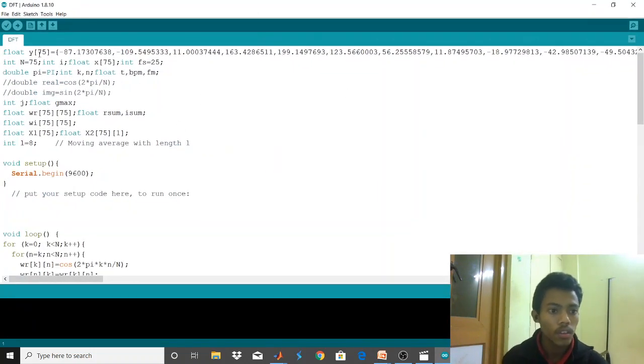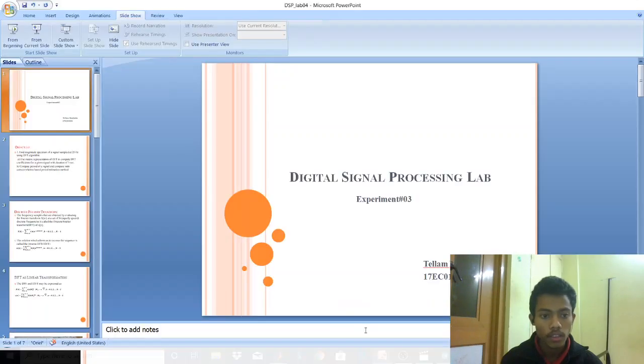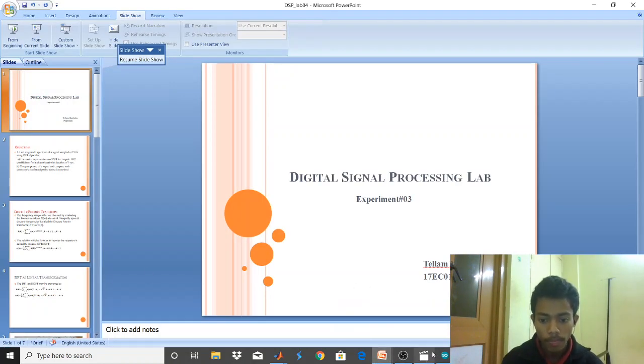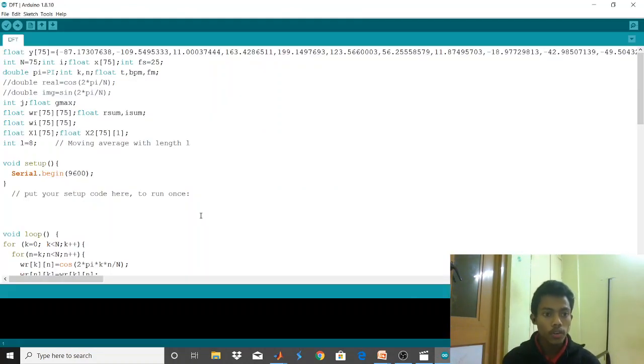This is our input signal. As I mentioned earlier, the sampling frequency is 25 and I am taking a 3 seconds duration, so the length of my signal will become 75, and here I am declaring some variables. In this Arduino code, since I need to use the matrix representation, I will compute the W term in two matrices, one real component and another imaginary component.